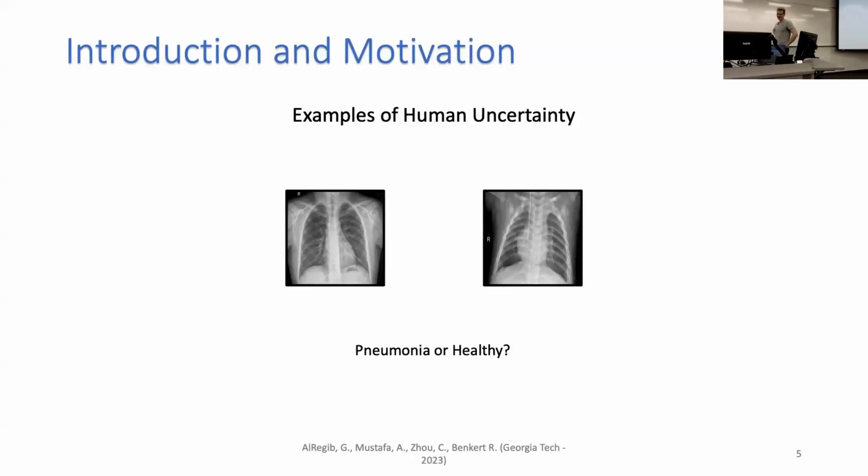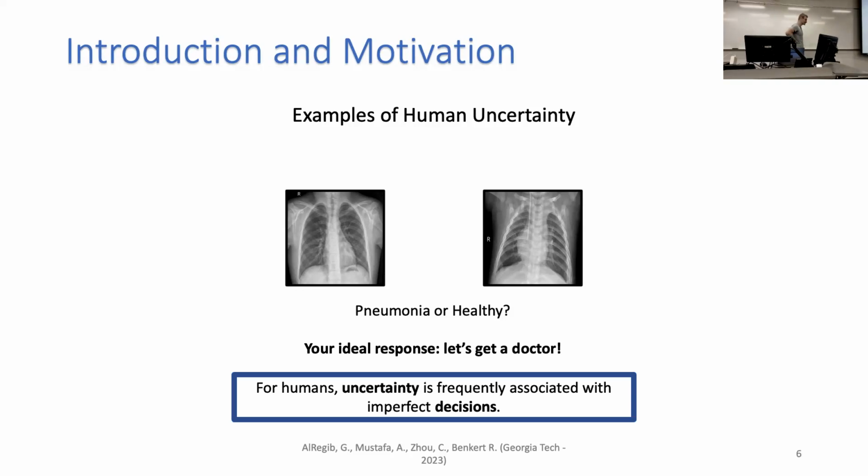So what I'm trying to get at over here, even though I'm using two very different examples, is that for us humans, we typically associate uncertainty with decisions. In the case of the blue or gold dress, it was the decision of whether it's blue or gold.